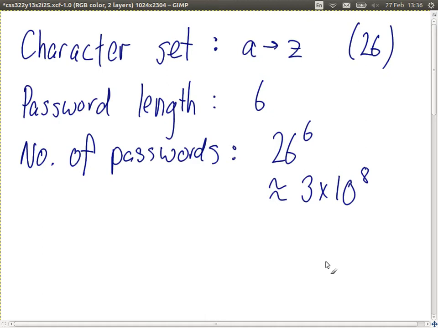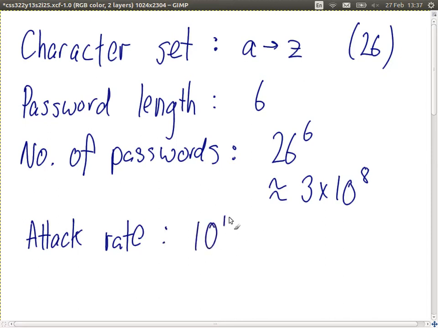Let's say an attacker has a computer and a system set up so that they can try passwords at some rate. Let's just make up a number. The attack rate, that is the number of attempts per second, let's say 10 to the power of 12 passwords per second.